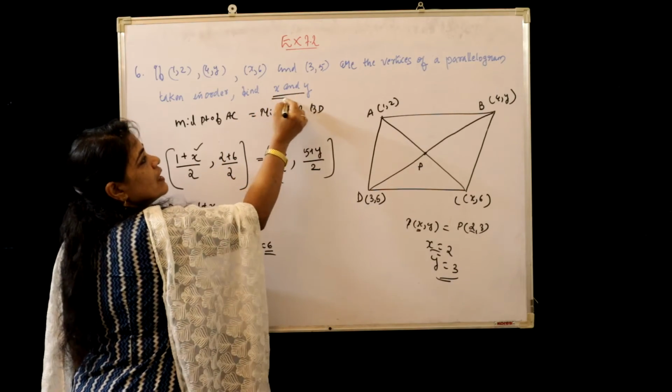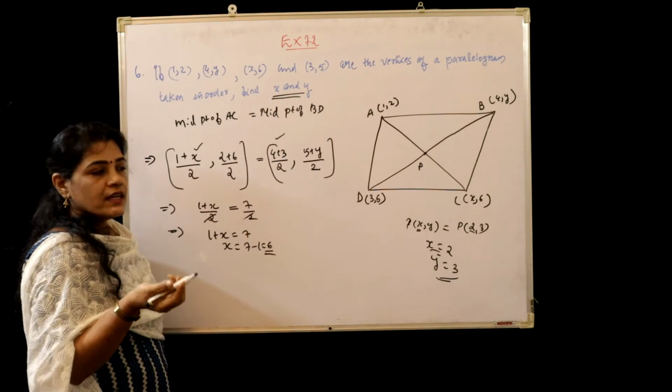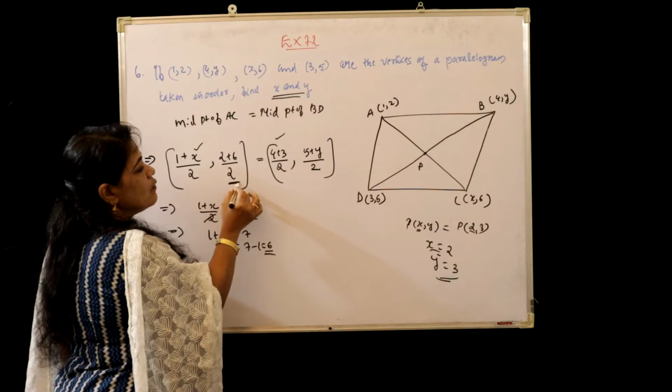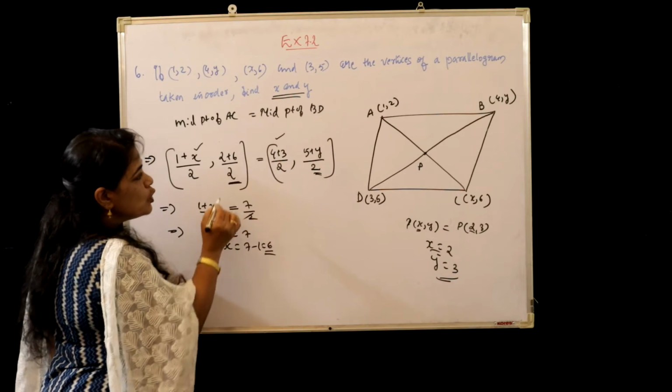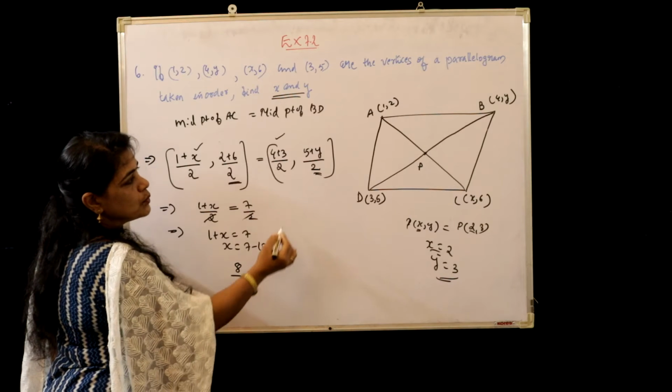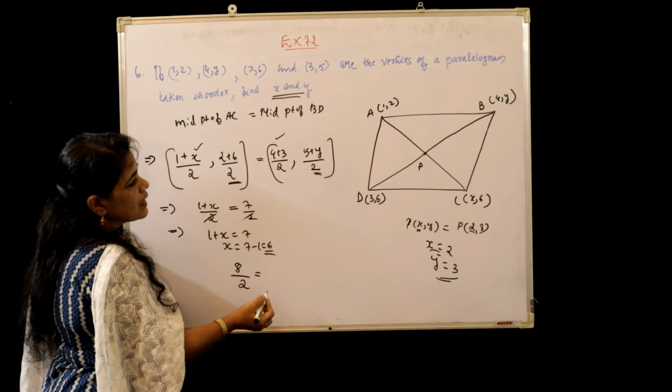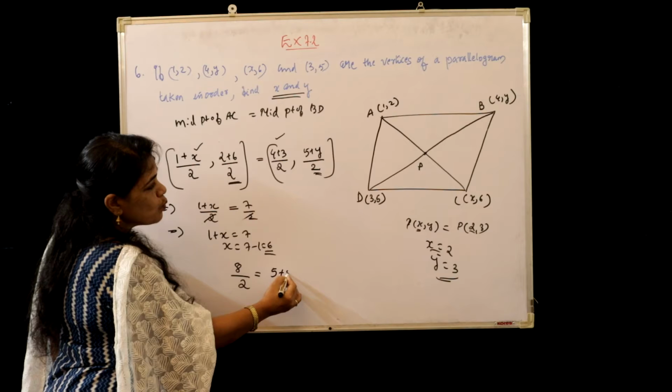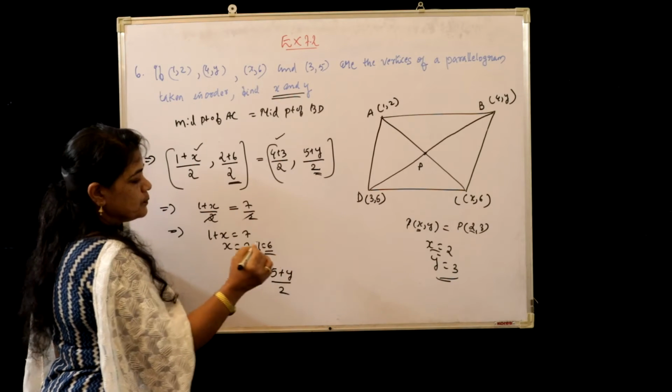We need x and y. In order to get y, you can equate the second values, that is (2 plus 6) is 8 by 2 equal to, what is the second value? Second value is (5 plus y) by 2.